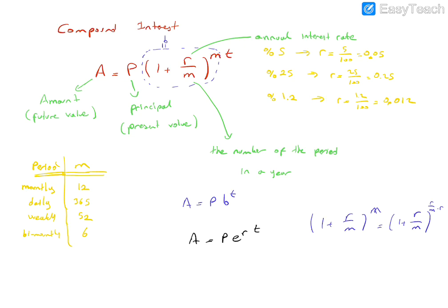We know that this expression, when m goes to infinity, approaches e, and there is an r factor, so it approaches e to the power r. Because of this reason, the compound interest formula approaches this one for the continuously compounded case.